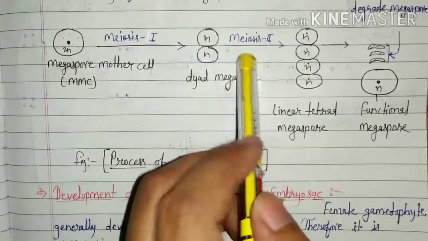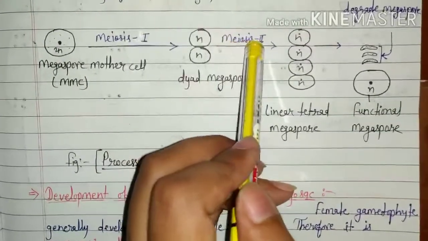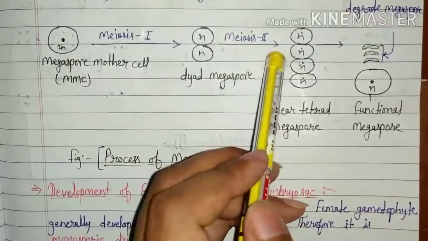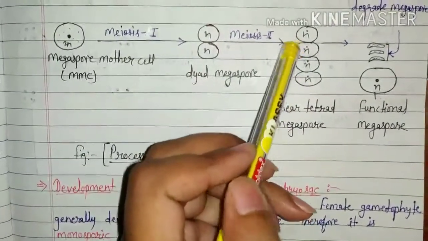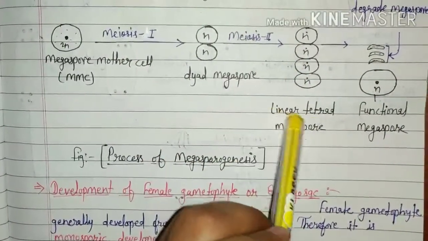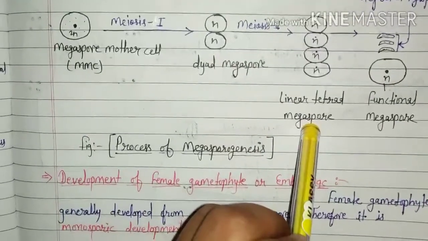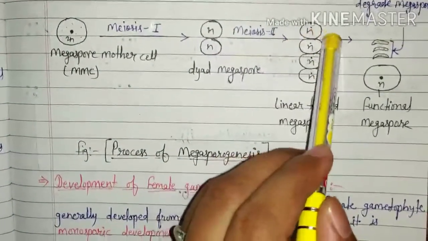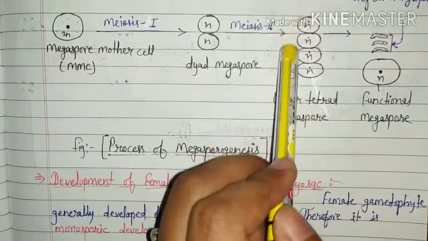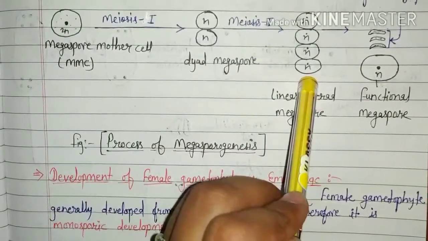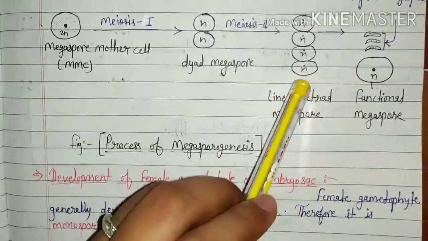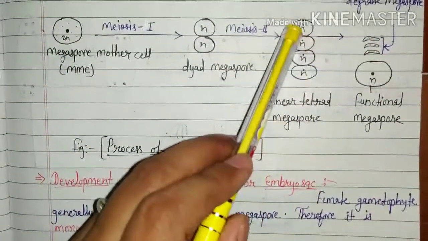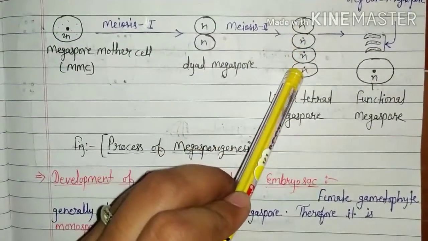After this, the second meiotic division takes place and forms 4 haploid linear tetrad megaspores. This type of arrangement is called isobilateral, but all 4 megaspores are non-functional.